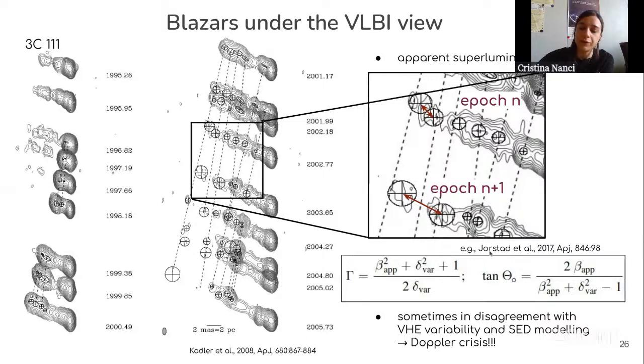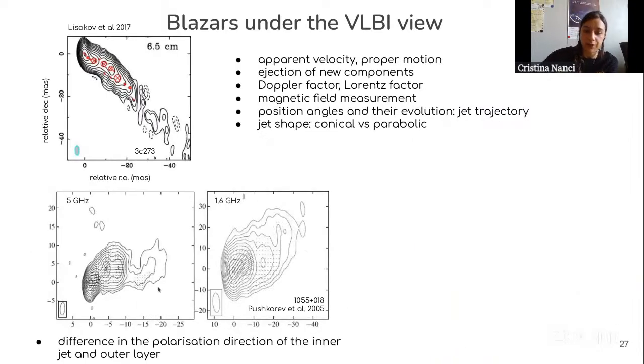And what we found from the measurement of these parameters is that sometimes these are in disagreement with what we observe from very high energy observations and from the SED modeling. This leads to the so-called Doppler crisis, that can be solved by assuming that very high energy and VLBI radiation are coming from different regions in the jet. We can also measure polarization in VLBI at VLBI scales.